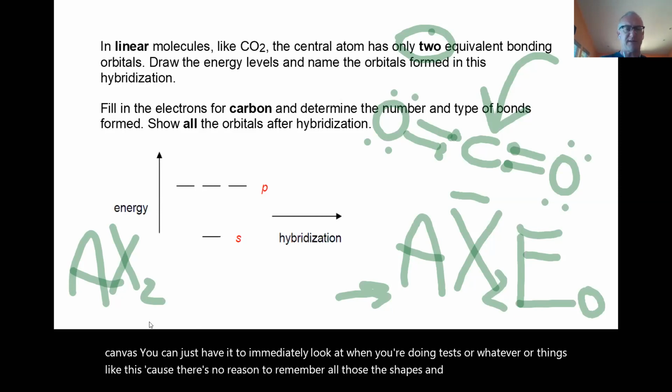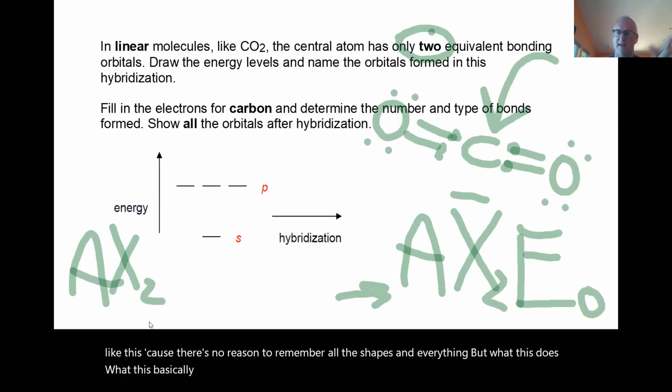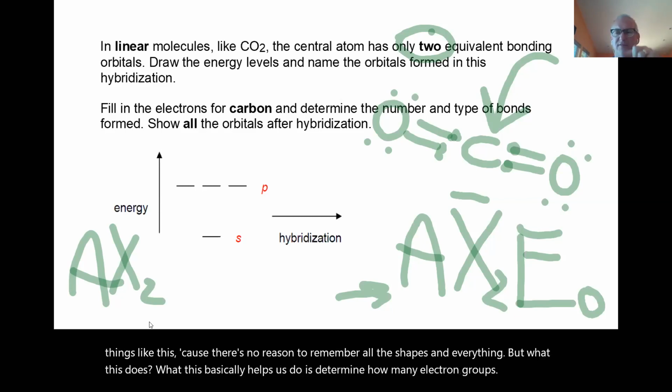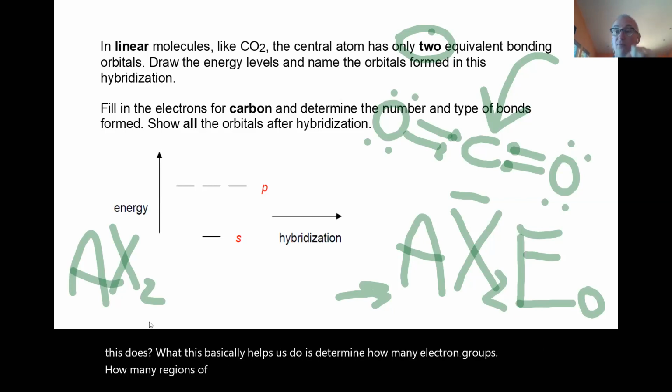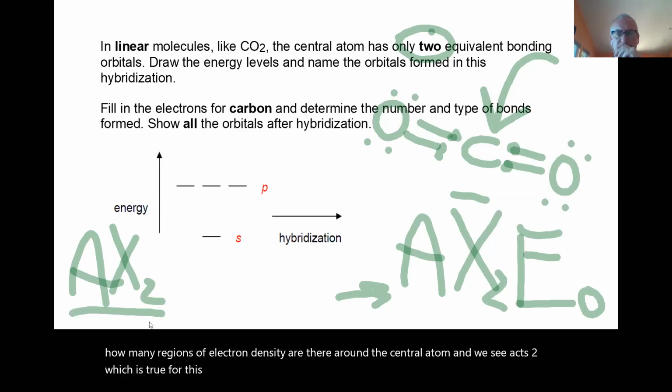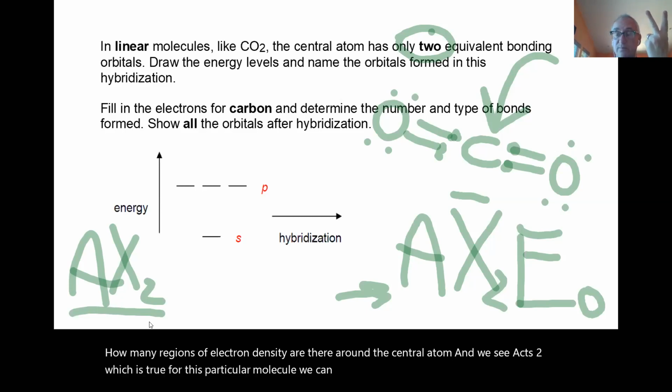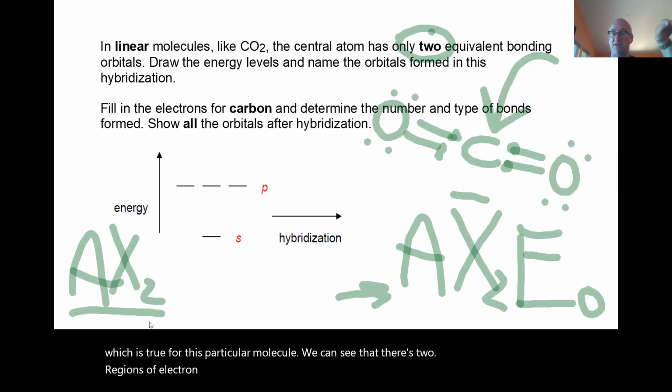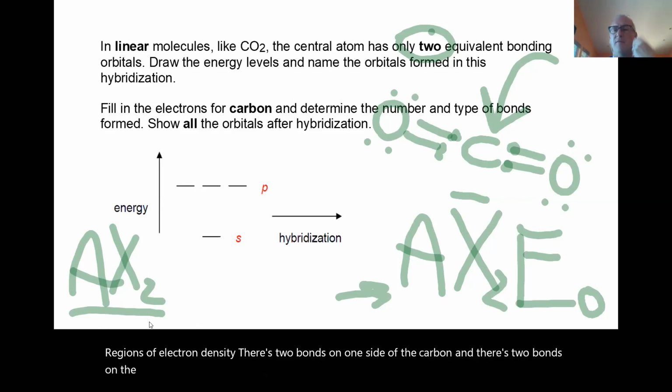But what this basically helps us do is determine how many electron groups, how many regions of electron density, are around the central atom. And when we see AX2, which is true for this particular molecule, there are 2 regions of electron density. There's 2 bonds on one side of the carbon, and 2 bonds on the other side. And remember, we don't care how many bonds there are.